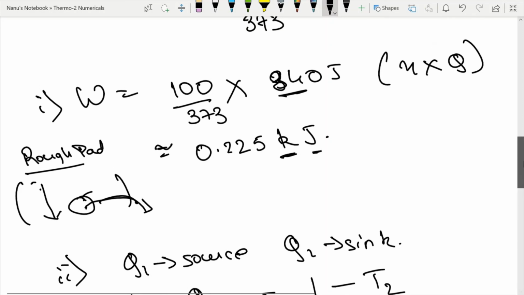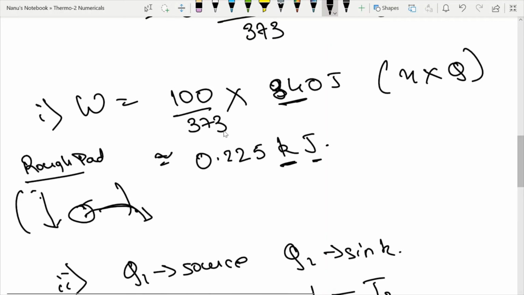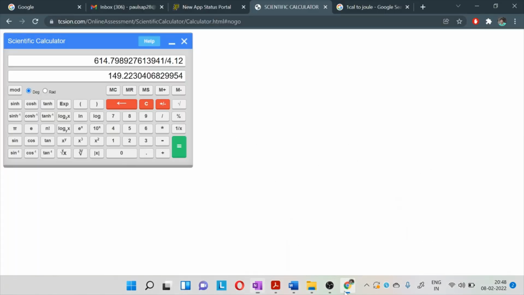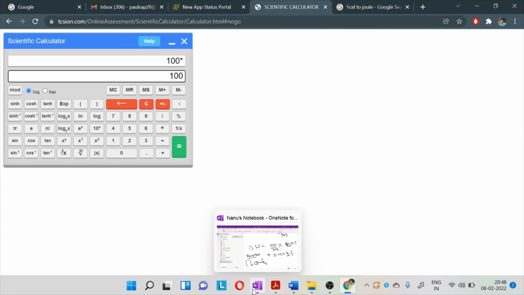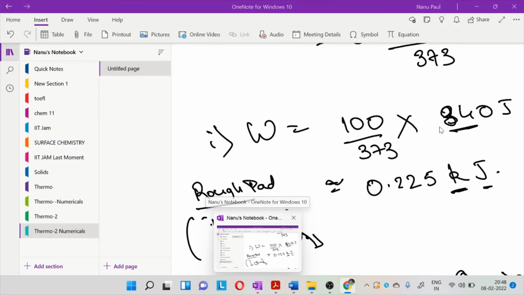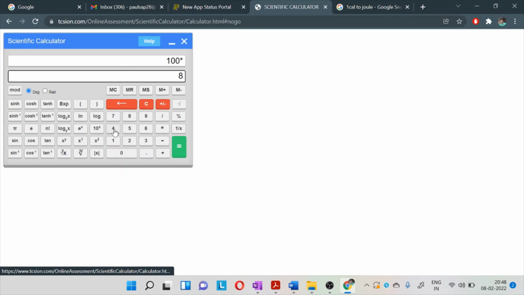And for the previous one, you can also check that 840 by 373. I can also do this for you if you're not getting the answer. 840 divided by 373, into 273, and you have to make this in kilojoules.